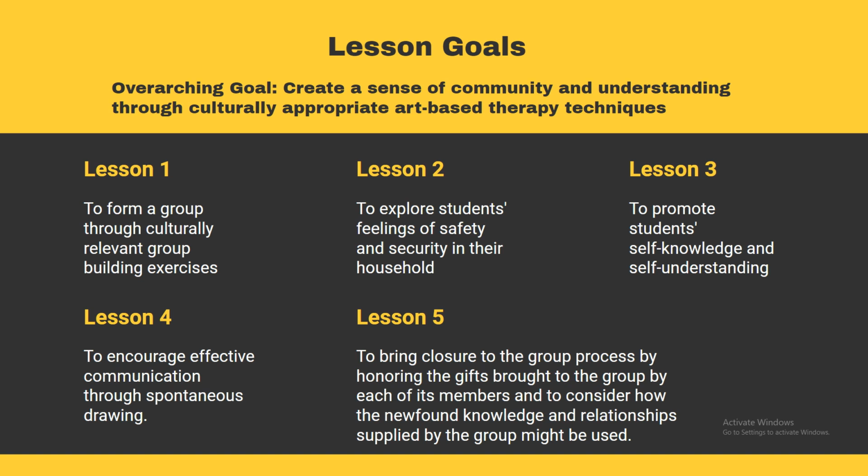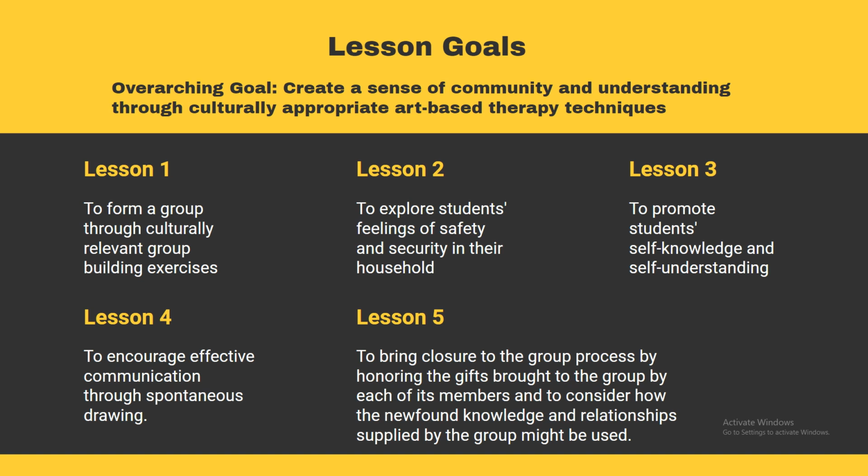The second, once that group setting has been established, is to explore the students' feelings of safety and security, not only in their homes, but also in their schools. The third is to promote the students' self-knowledge and self-awareness, their understanding of who they are, which is very important when Native American identity can feel stripped from them in the school environment.